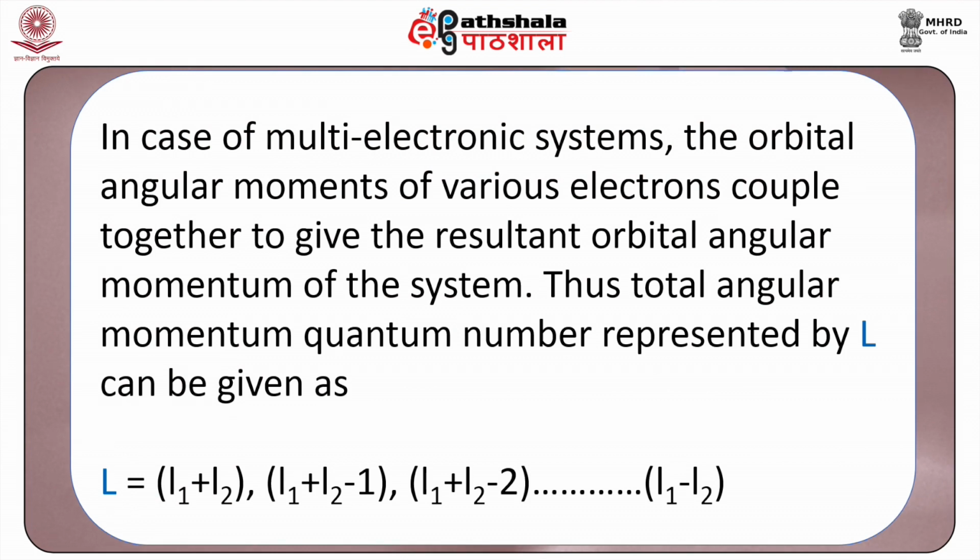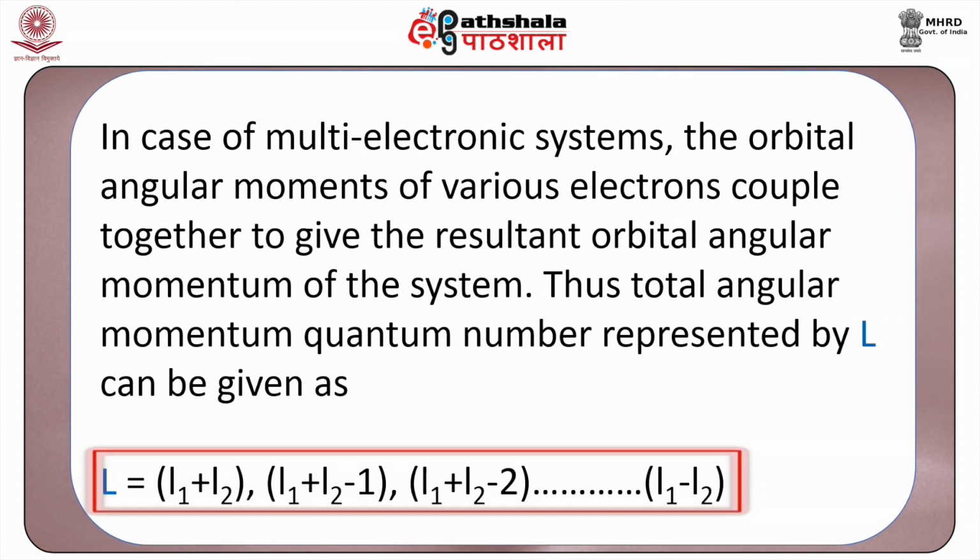In the case of multi-electronic systems, the orbital angular momenta of various electrons couple together to give the resultant orbital angular momentum of the system. Thus, the total angular momentum quantum number, capital L, can be represented as capital L is equal to small l1 plus small l2 up to small l1 minus small l2.